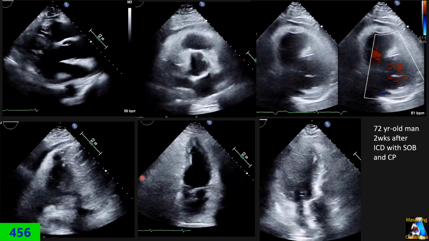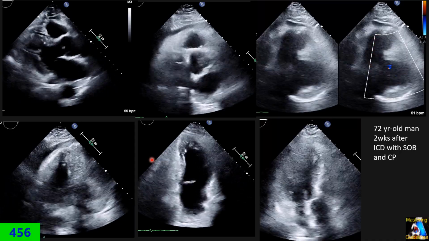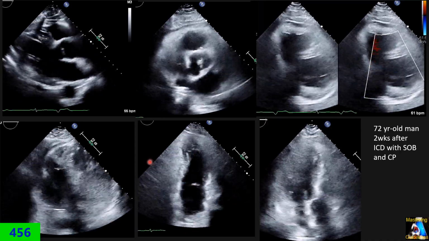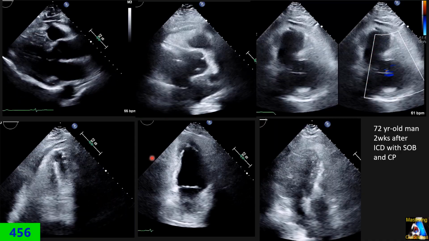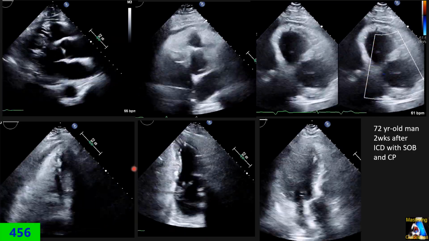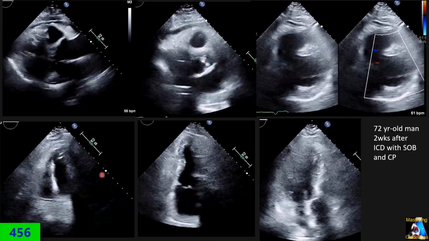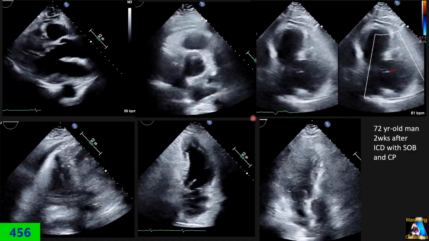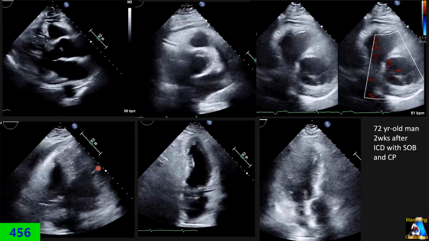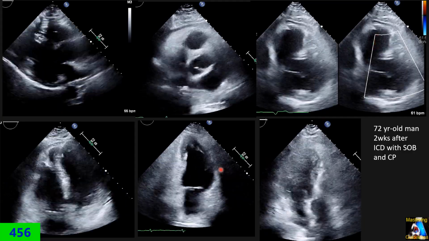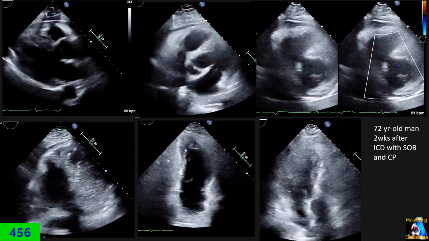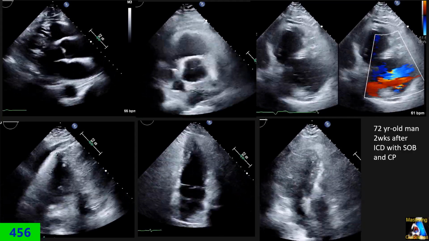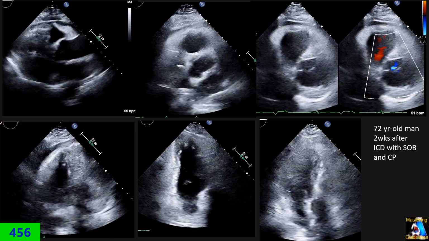What view and what approach has been missed in this case? In other words, what do we have to show here that is missing related to the ICD? Now let's go to the next case.